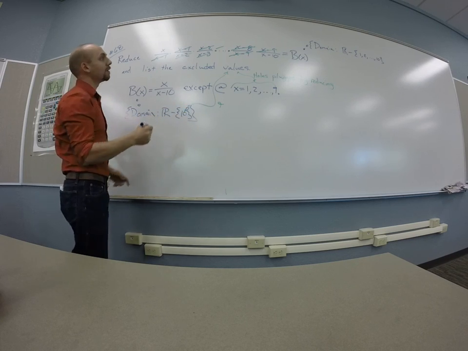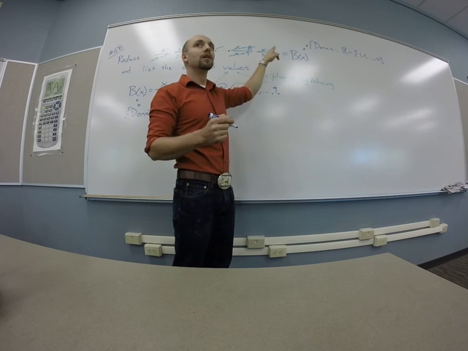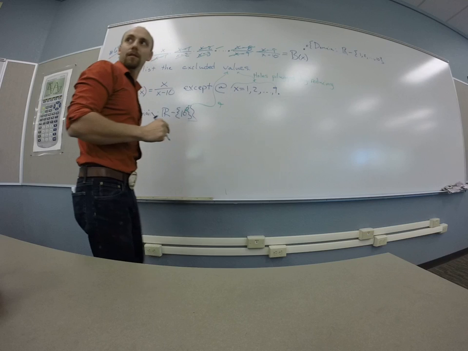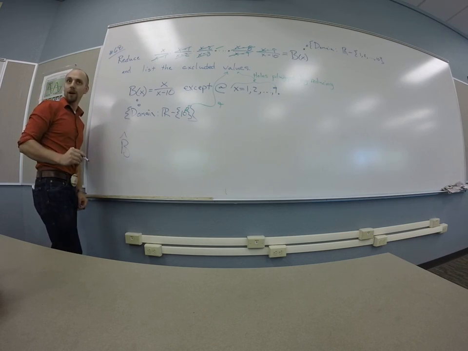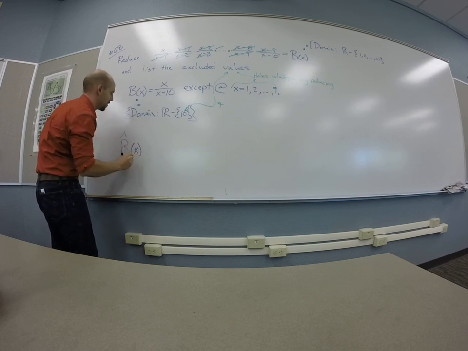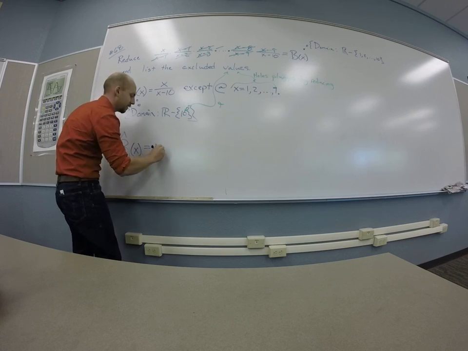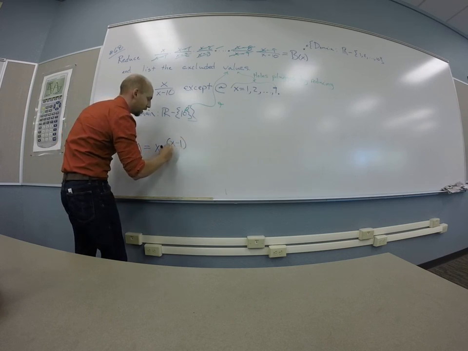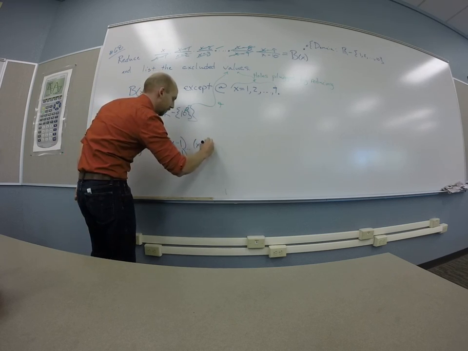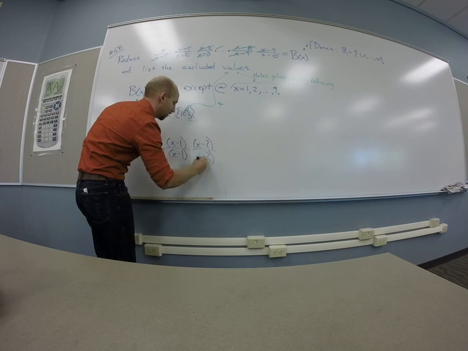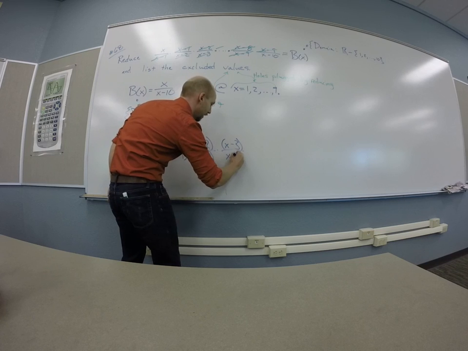If I hadn't put the stopping dots on this, if we hadn't stopped here, then it would be everything except for all real numbers. Let me modify this. Say I modified my b of x, and this is x times x minus 1 over x minus 1 times x minus 2 over x minus 2 times x minus 3 over x minus 3.